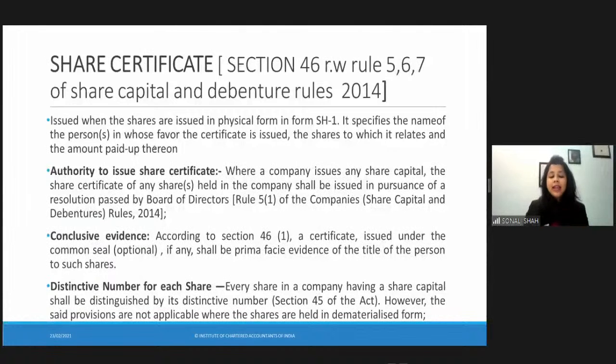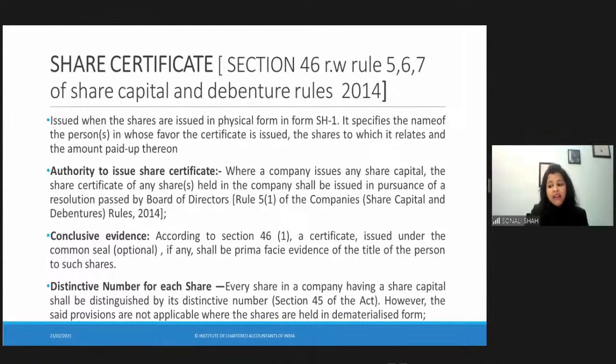Correct? The second point says conclusive evidence. This share certificate, which is owned by a person under the common seal of the company, which is optional, is the prima facie evidence of the title of the person to such shares. If I own a share certificate in my name for ABC company, it is the prima facie evidence that I am the holder of that share. But the point arises, can we put a conflict to this prima facie evidence?